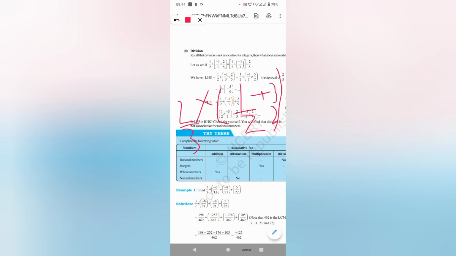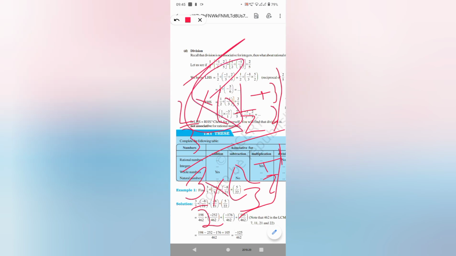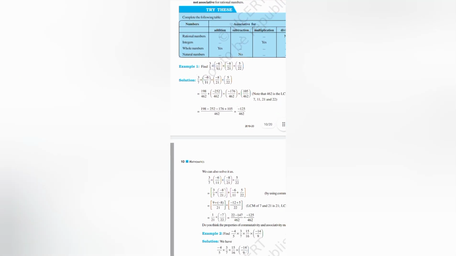We can write this also, or we can write 3 by 2 into 2 by 3 plus 1 by 2. We can write in many forms, the answer will be the same. So this is the associative property.